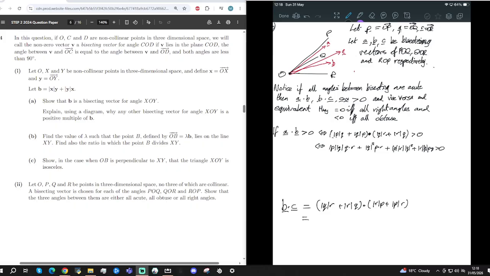So that's going to be mod R mod Q R dot P plus mod R squared P dot Q, and you can kind of see the link between these two conditions, plus mod P mod Q mod R squared plus mod R mod P Q dot R.